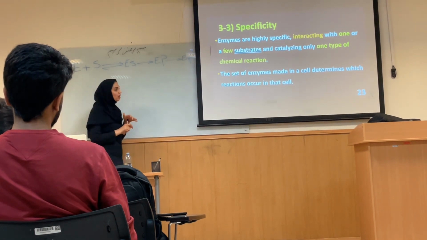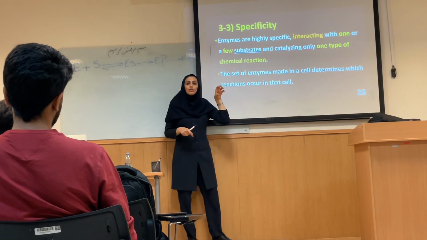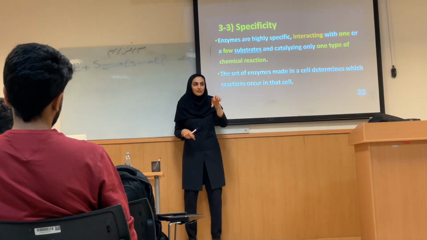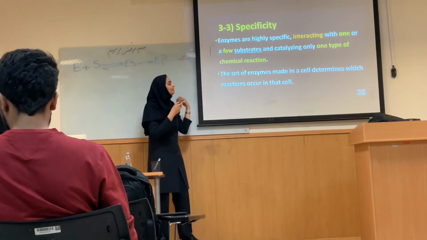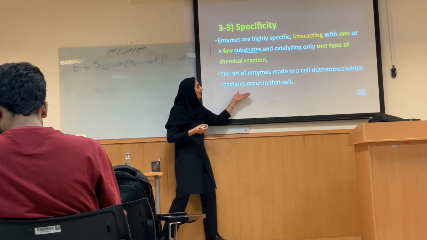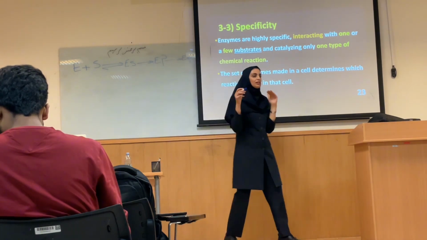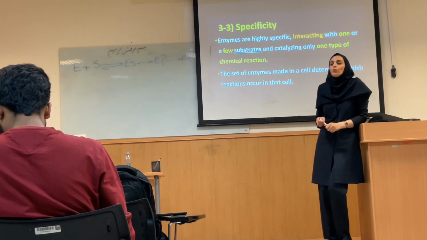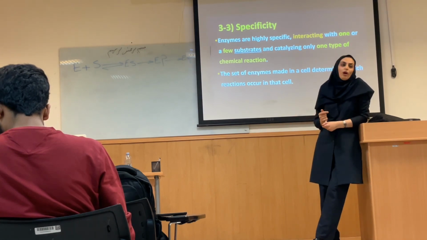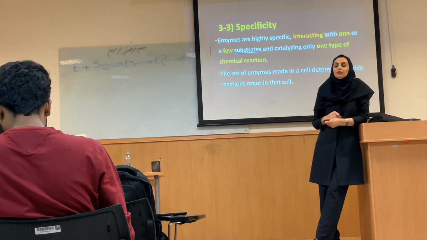And another point, guys: the enzymes that are in specific cells determine which reactions occur in that cell. Why, for example, are we saying that the urea cycle occurs in the liver? Why are we saying that glycolysis occurs in the cytosol?